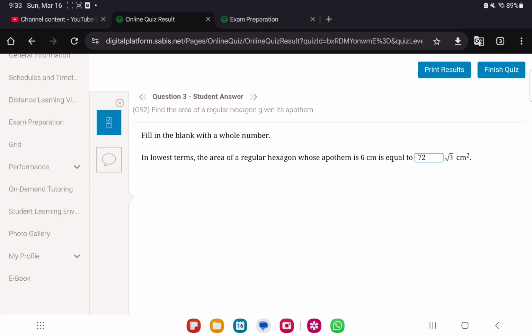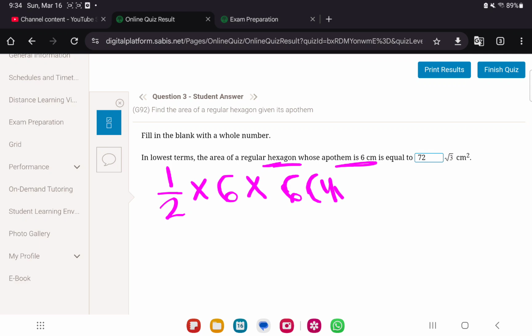So let's put the whole rule together now. Half times the apothem, which is 6, times, how many sides does a hexagon have? A hexagon has 6 sides, okay? So 6 times 4 radical 3, okay?